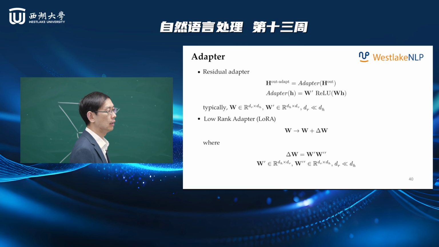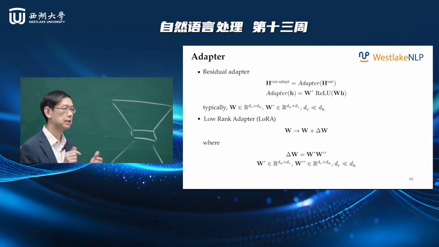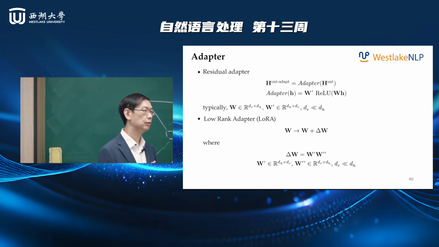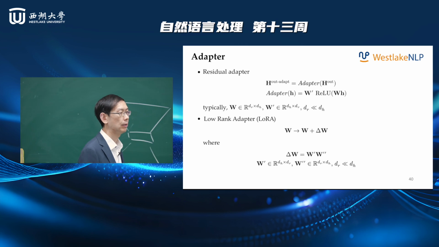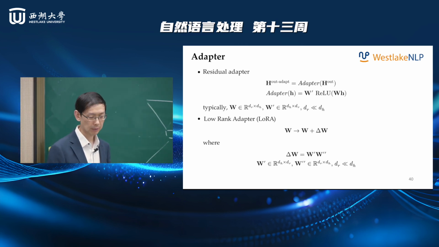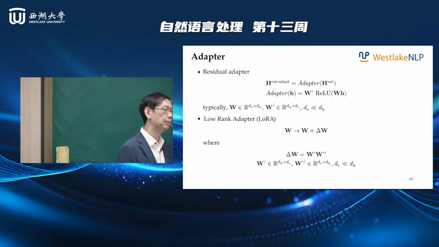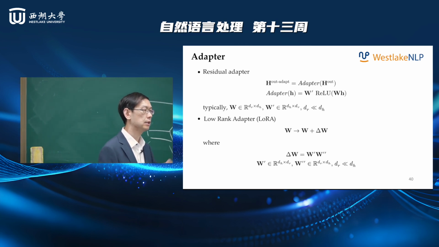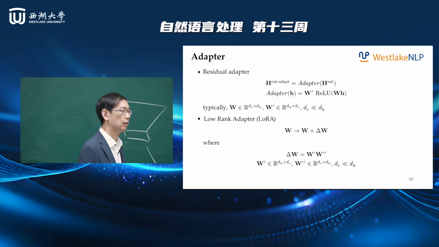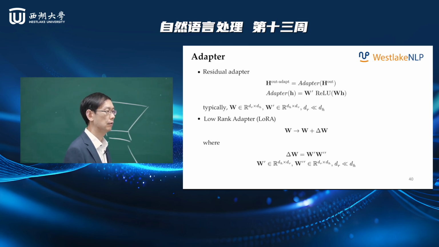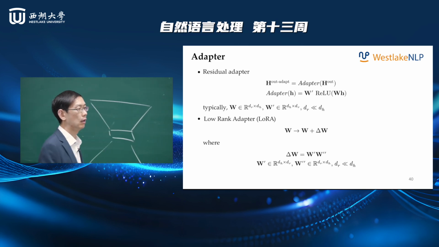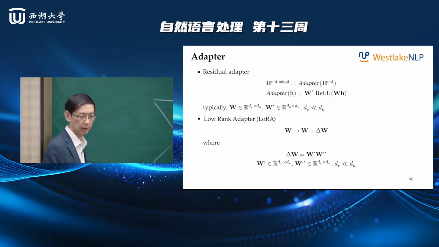Suppose in your original transformer, you do the QKV mapping. You project the original input into query, key, value in your multi-head attention. These are matrices. And in your MLP, the feed-forward neural network sublayer, you also have two matrices with a ReLU in between.